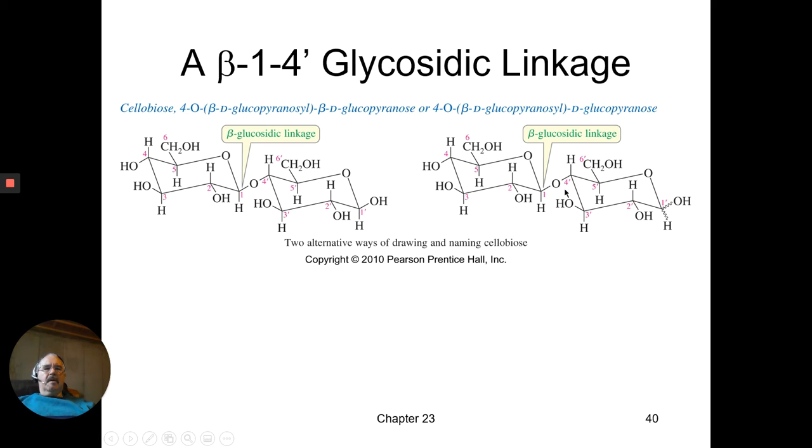But the important thing here is the configuration at the anomeric carbon. This is beta. Okay, this portion of the molecule does equilibrate between alpha and beta, but this part is fixed.